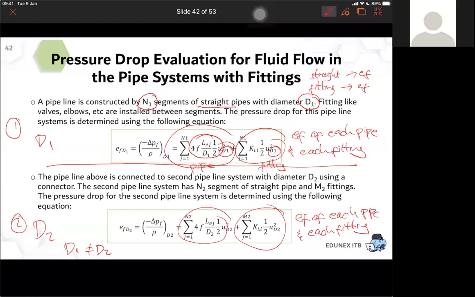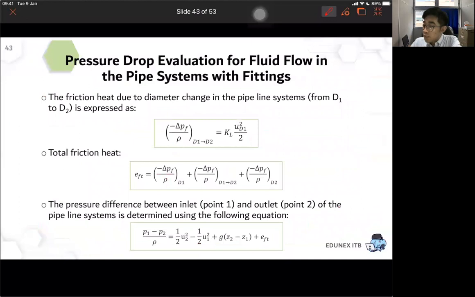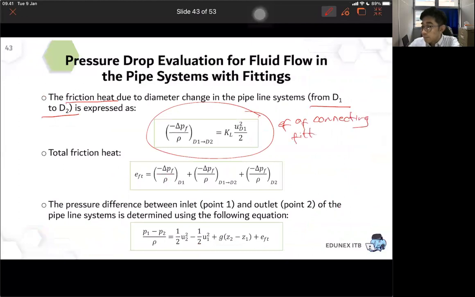Either a sudden enlargement, sudden contraction, diffuser, or reducer. So you need to calculate the EF for the fitting that connects D1 to D2. Don't forget, this is the EF of the connecting fitting. Which velocity do you use to calculate the EF?